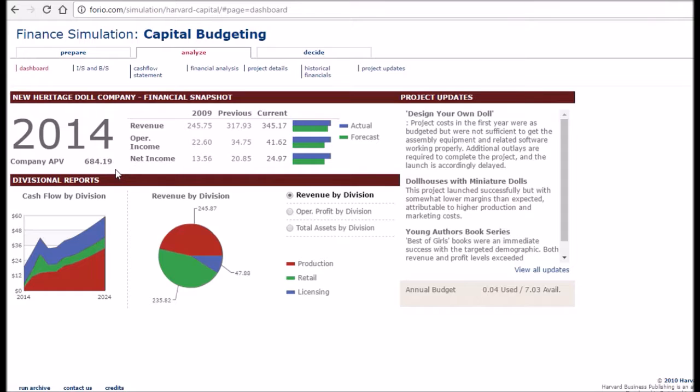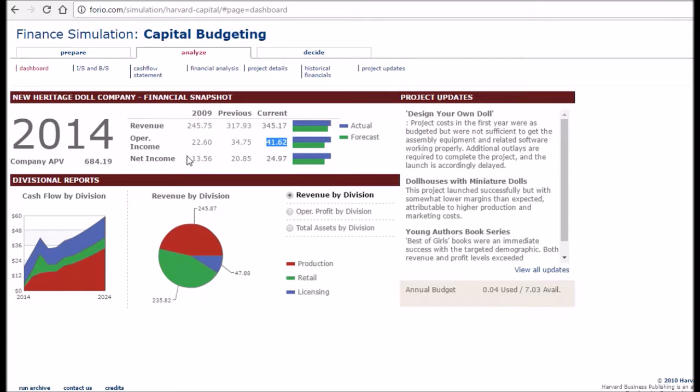And then over here is the revenue, operating income, and net income divisions. So my revenue for 2009 was 245.75, and then my current revenue is 345.17. My operating income was 22.60, and my current is 41.62.